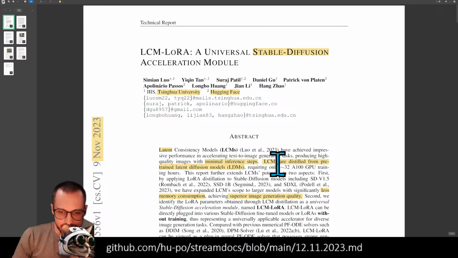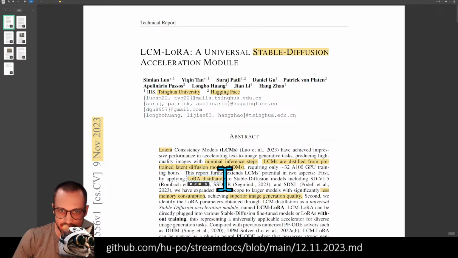So LCMs in their original formulation were distilled entirely, right? You're training or distilling a new model from the original diffusion model. And the clever thing they do in this paper is that rather than distilling into an entirely new diffusion model, they distill it into a LoRA, right?